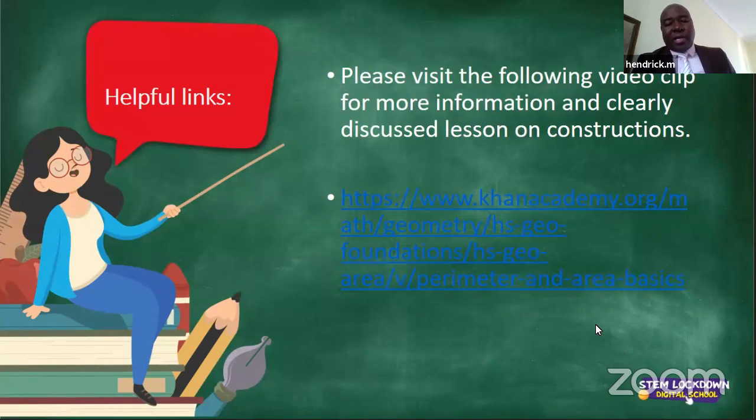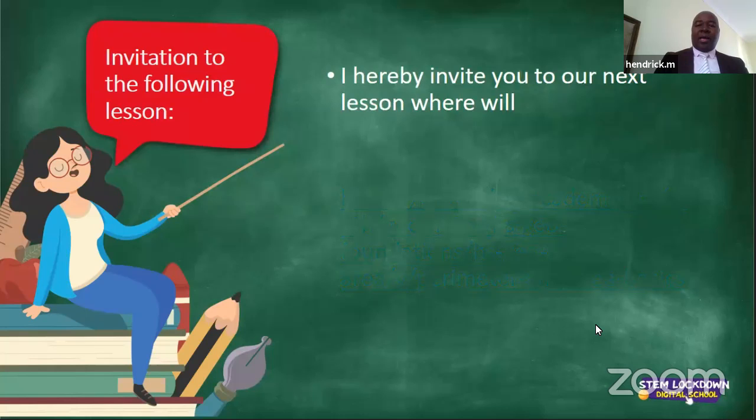It's a video clip on YouTube, which you can view for more examples on the area, as well as the perimeter of rectangles. And I want to invite you again to our next lesson, where we will finalize these polygons.